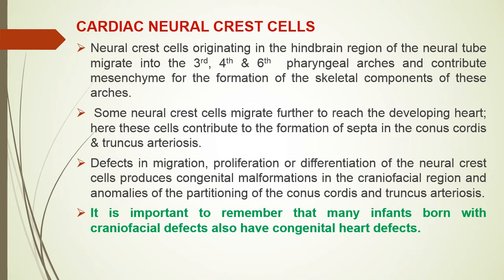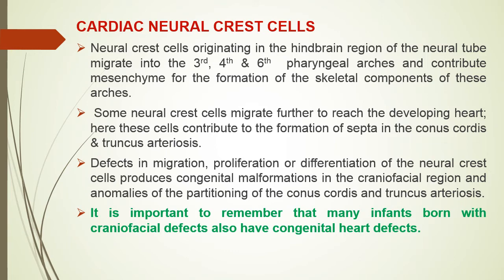There, of course, as we will discuss in the development of head and neck, they contribute to the development of skeletal components of the third, fourth, and sixth arches. Then some of these neural crest cells migrate from the pharyngeal arches and come to lie in the region of the developing heart.